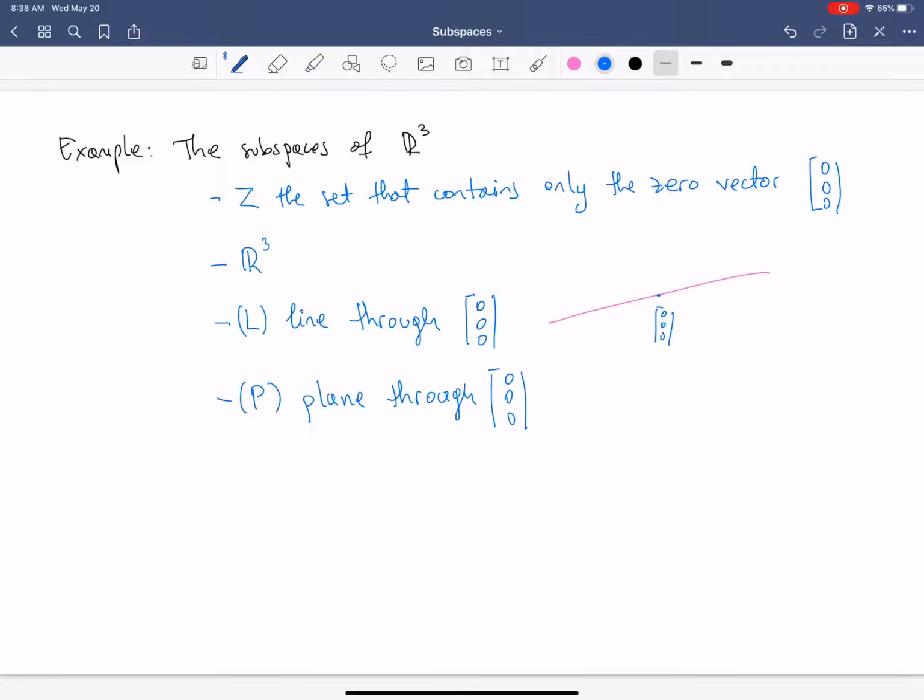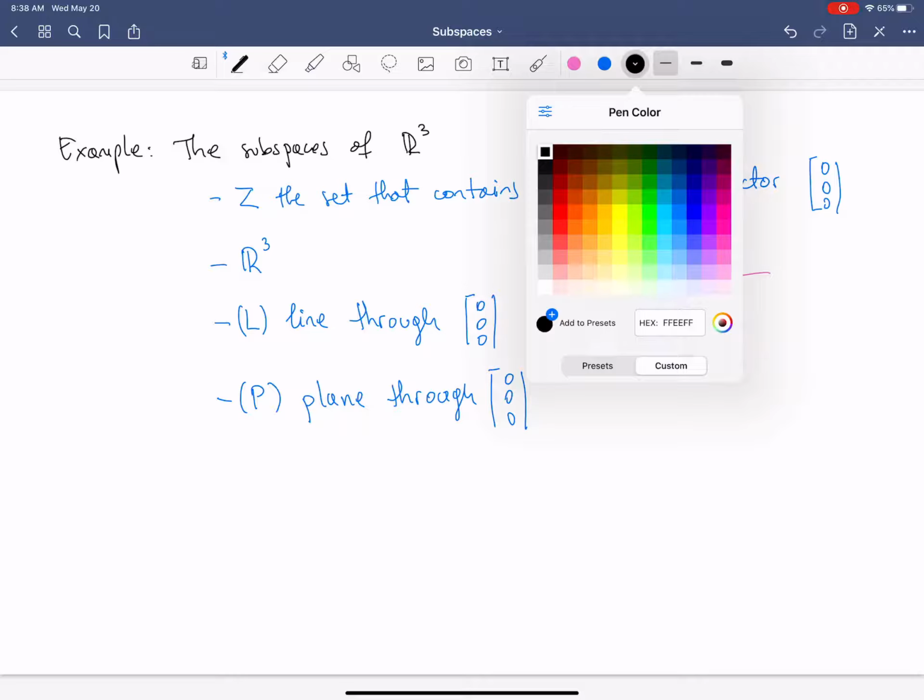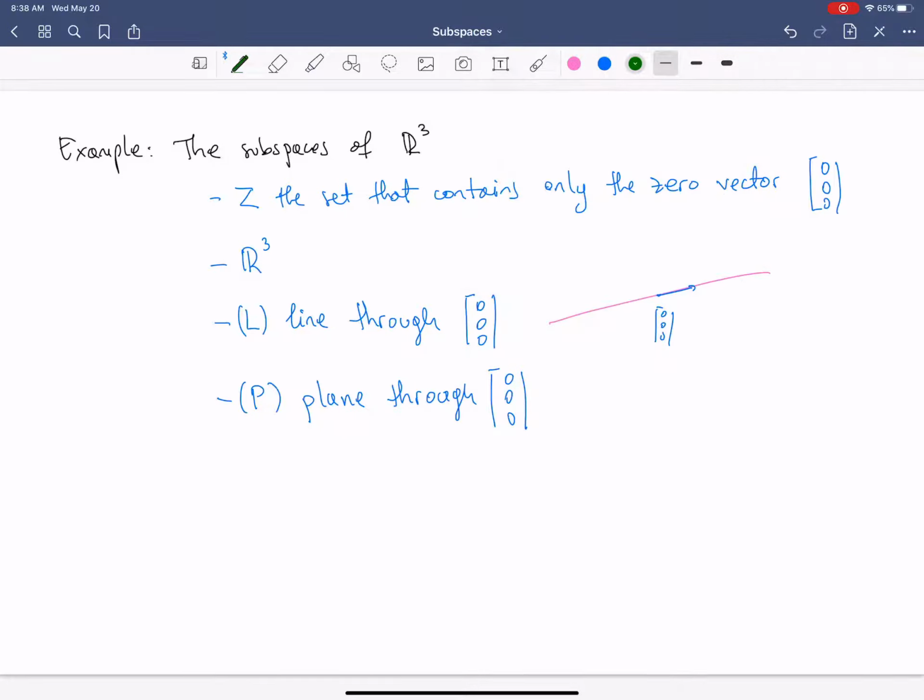So you take one vector here and another vector along that same line. The sum will continue to be on the line. You could take that green vector to be in the opposite direction. It will not matter. Whatever linear combination you take of those two vectors, they're going to exist on that line.